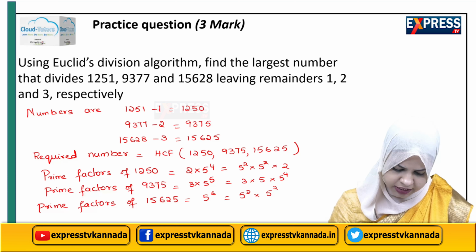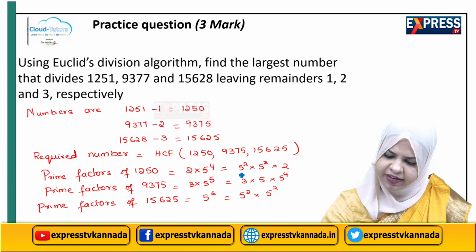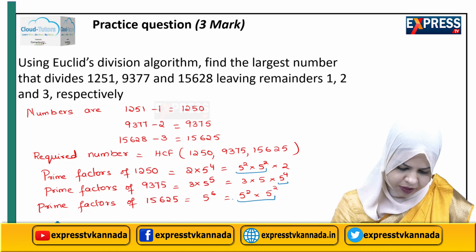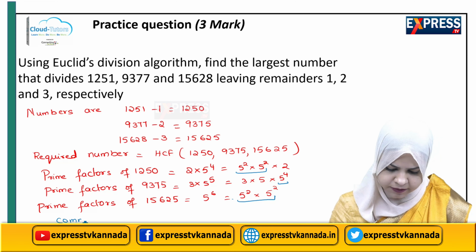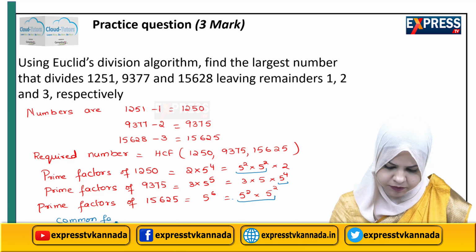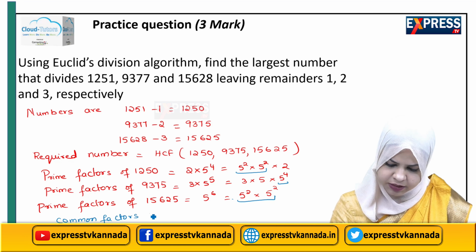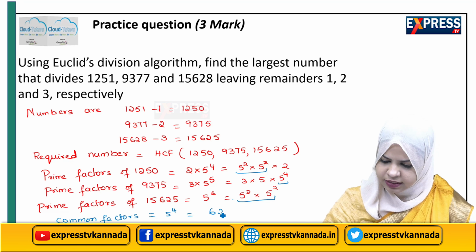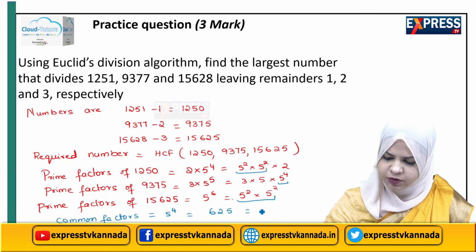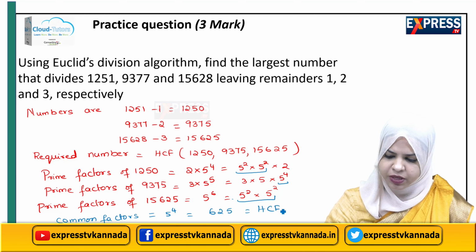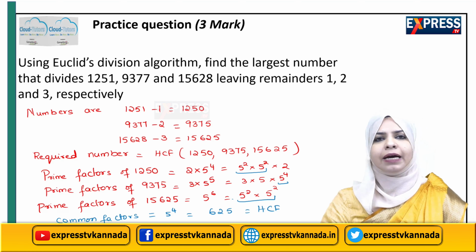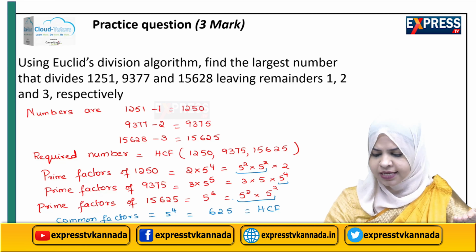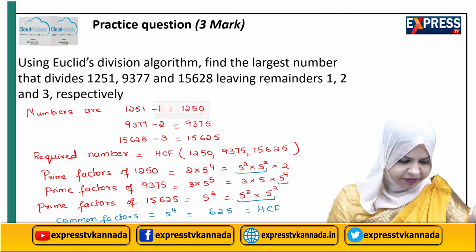Here, as you can observe, the common factor is 5 power 4, that is nothing but 625, which is my HCF. So the required number that divides these given numbers completely is 625.